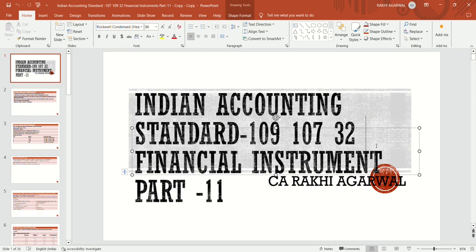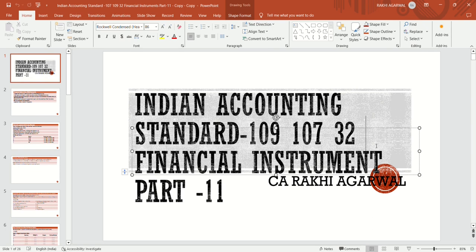We had also discussed the measurement principles of financial instruments, like how to measure financial asset, financial liability and equity. What are the recognition criteria, how it is to be classified, what are the conditions for the classification of financial asset, financial liability and equity.